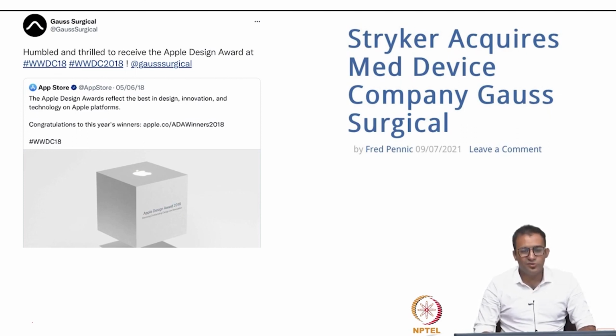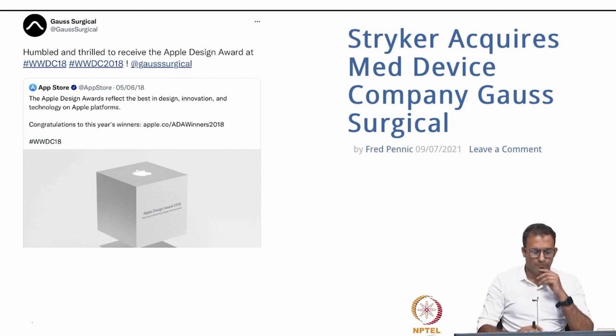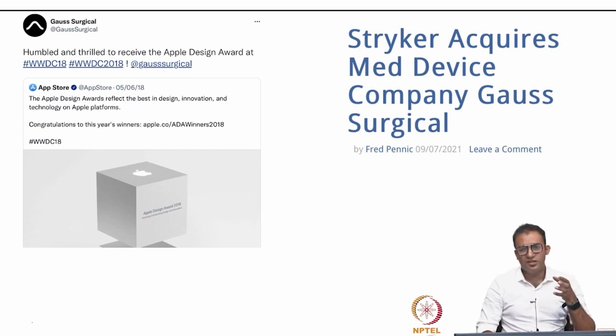Patients have been losing blood for past 200-300 years. This is a 300-year-old or 400-year-old problem. From the advent of modern surgery, since the time surgeons actually started operating on patients, hemorrhage and bleeding has been the major issue. And these guys at Gauss have actually leveraged the power of deep learning to make sure that an accurate system to analyze the amount of blood lost has been discovered.